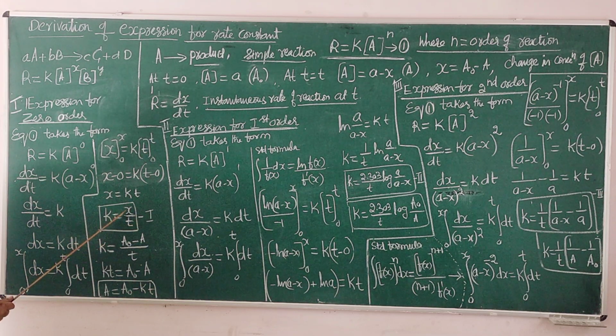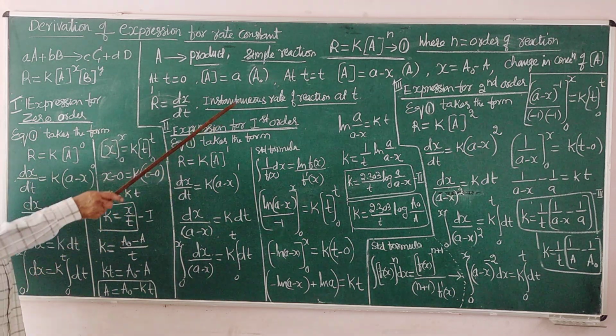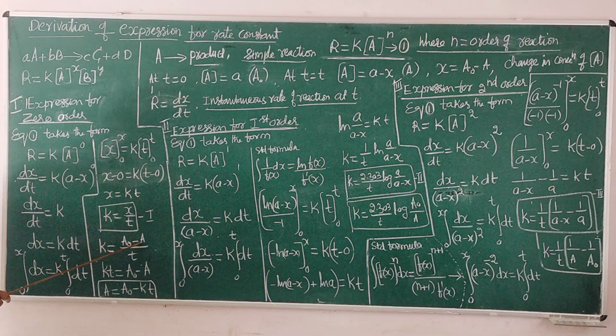In some books, the symbol x is not used. We have used these symbols. What is x? a naught minus a. That is, replace x by this, a naught minus a. You can write either of these equations. Some books give it this way. This is the equation with these symbols. Don't confuse it. This is the equation with this symbol.